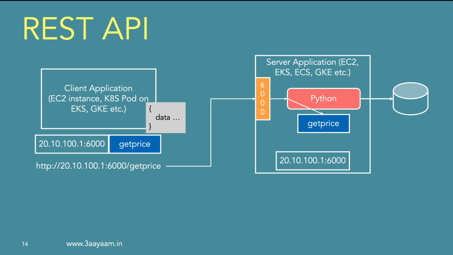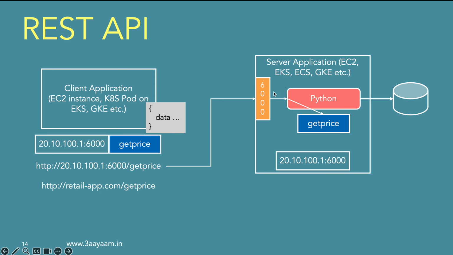And let's say we have a DNS name for this particular server. We can use that DNS name also, something like this: http://retailapp.com/getprice. Now this retailapp.com is pointing to 20.10.101:6000. If the client application uses this endpoint, the same thing would happen.